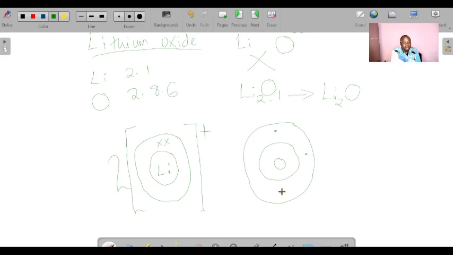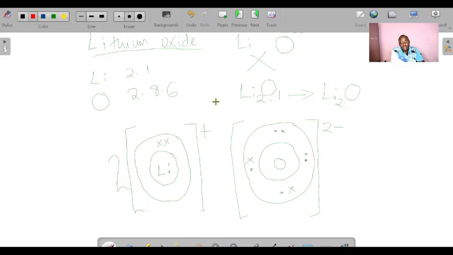There are 6 of them initially, and I like using this format so that when it comes to pairing them up, it becomes very easy. So one electron from the first lithium and the other electron from the other lithium. With that, it also becomes negatively charged. But how many electrons has our oxygen gained? 2. So that means our charge becomes 2 minus.